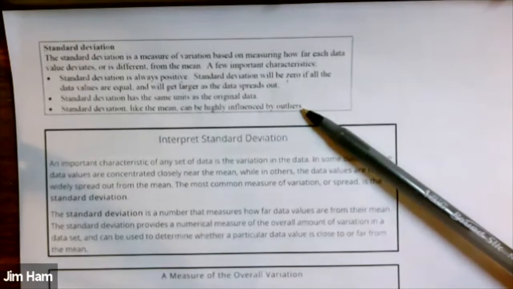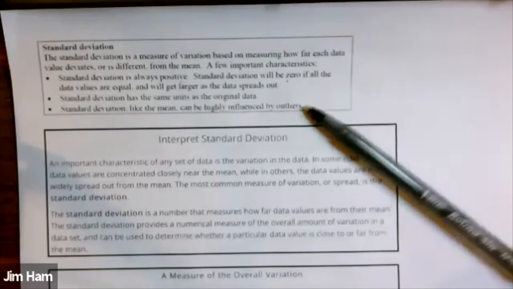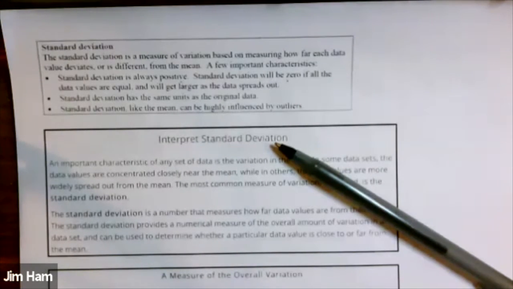And like the mean, it's not very resistant to outliers. If you have a data set right here, and then you have one extreme value that takes you way over here, then the spread in the data is going to be much larger, and so the range is going to be much larger. So the range is influenced greatly by outliers.